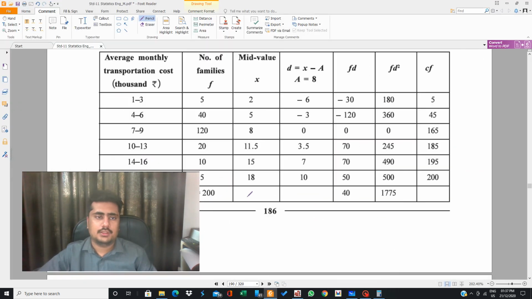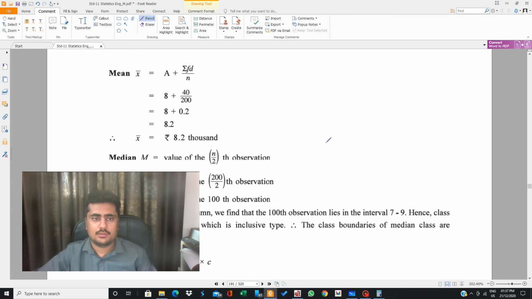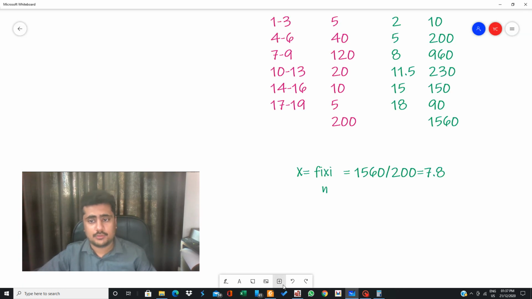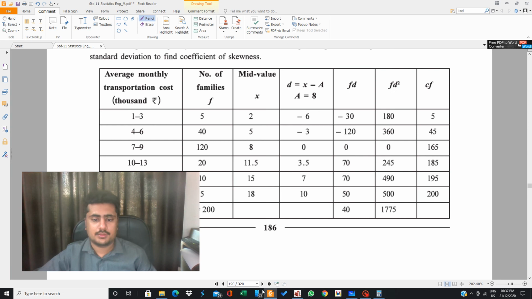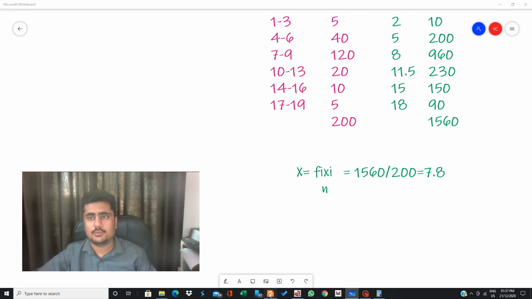Let us check this mean. We got 7.8, but the answer is actually 8.2. So there is some mistake in calculation. Where is the difference? You can see x is the same: 2, 5, 8, 11.5, 15, 18.